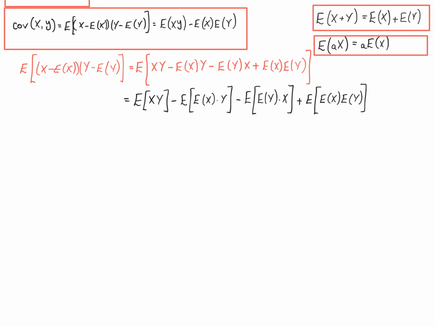And again, just as before, the expectation of x and the expectation of y are constants, so they can come outside of our expectations.